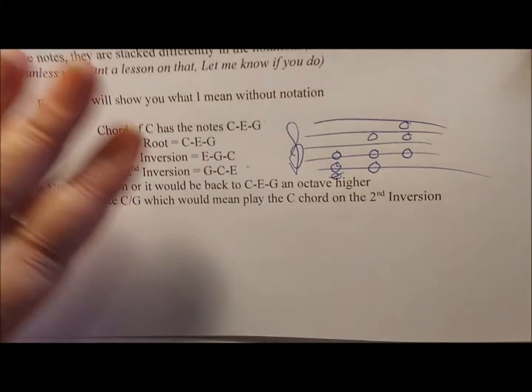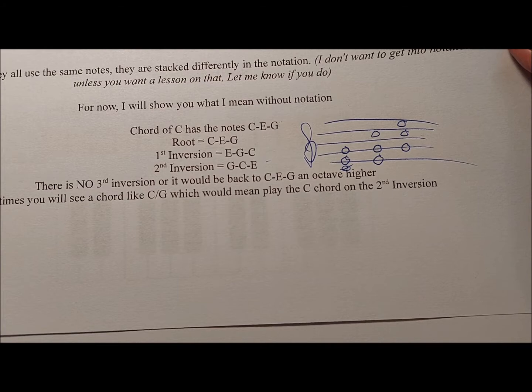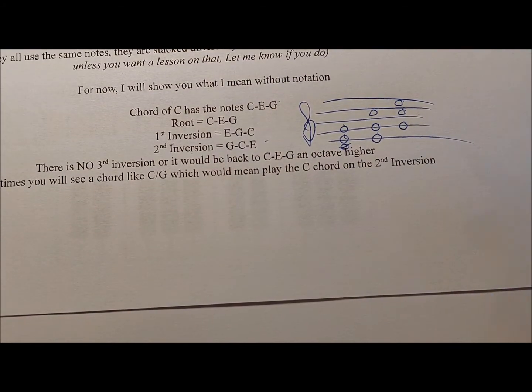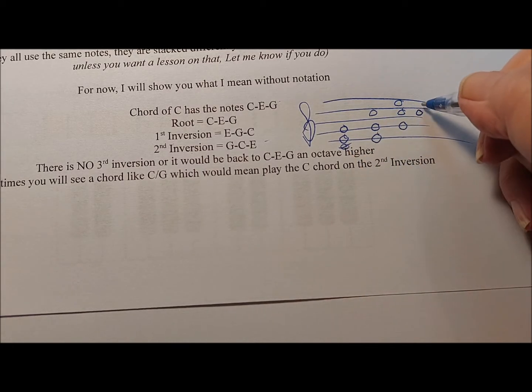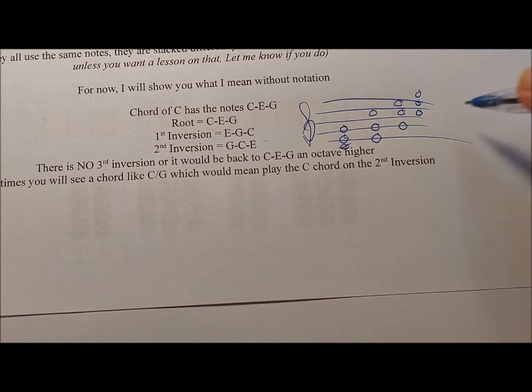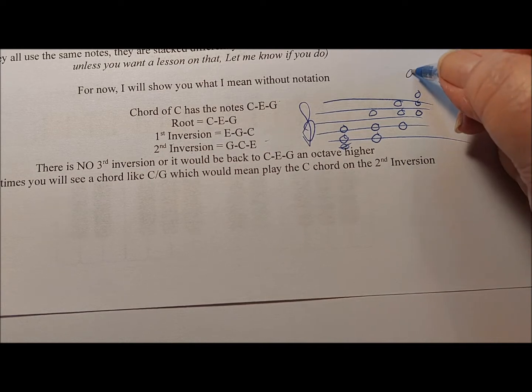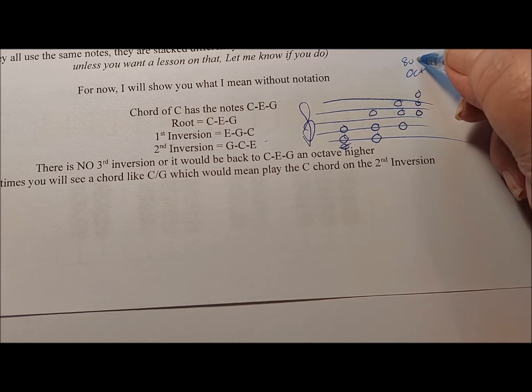There's no third inversion, or it would be back to C, E, G, which would be just an octave higher, right? So it would be starting C here instead of C here. C, E, G. So we're right back, but an octave higher, or 8VA.